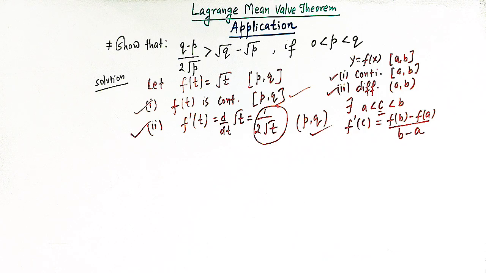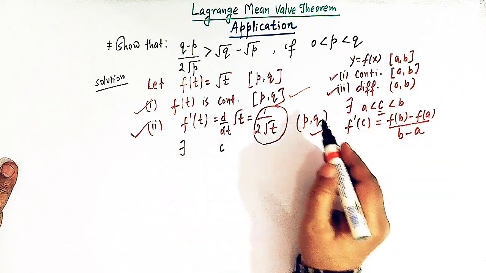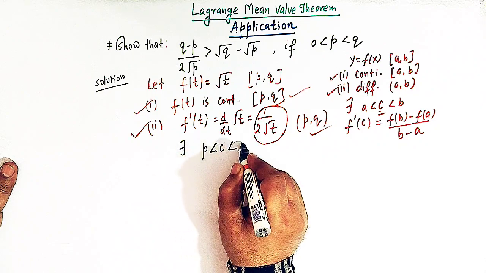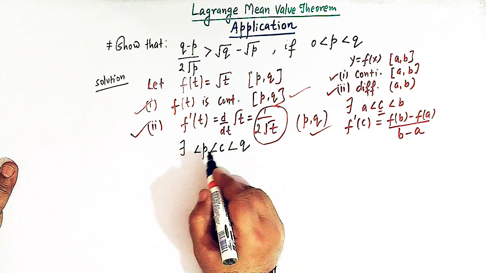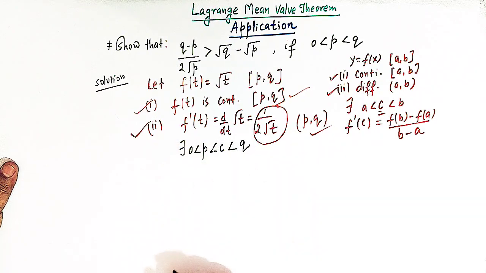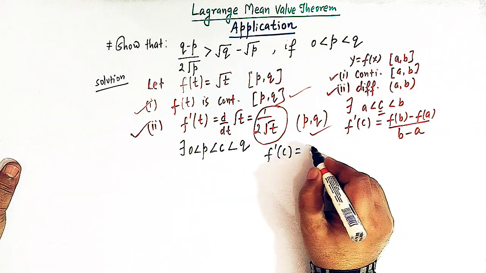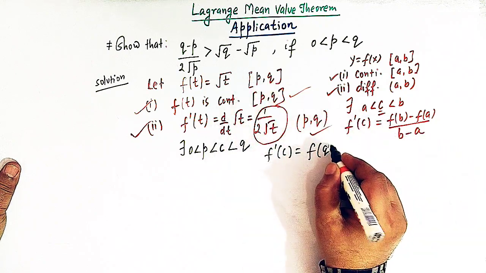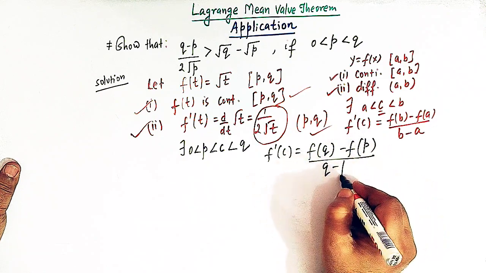Now Lagrange's mean value theorem says that there must exist a point c which lies between p and q, and these three numbers are obviously greater than 0. So f prime of c must be equal to f of q minus f of p divided by q minus p.